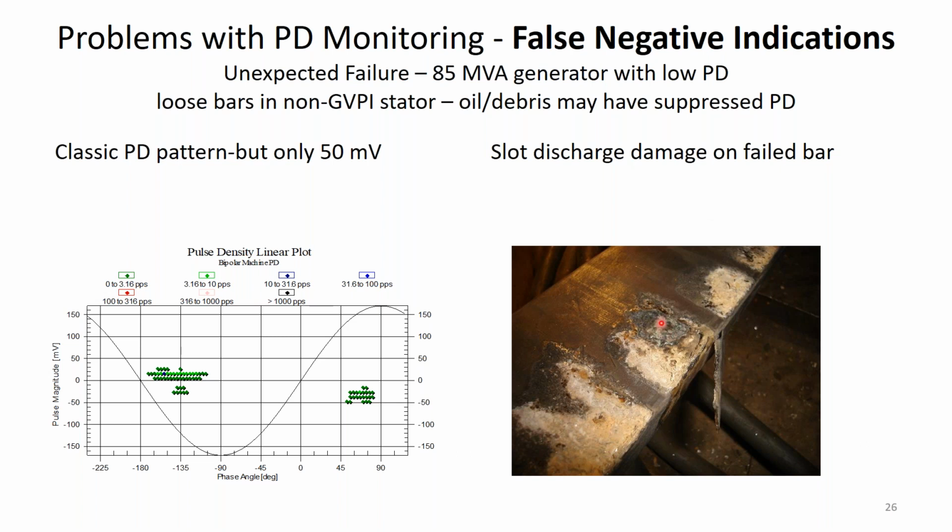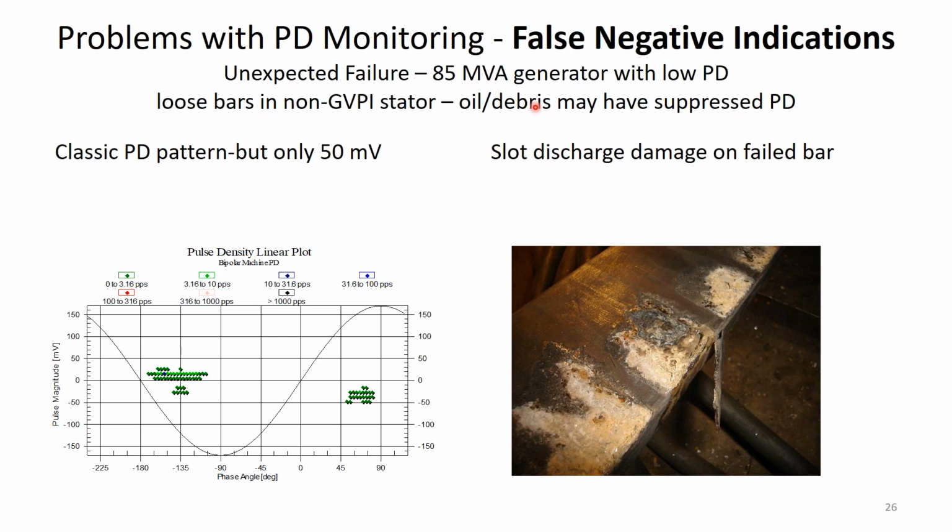What I think happened is there was a lot of oil and debris in the slot, and the oil mixing with the debris made a partly conductive goo that reestablished the semicon, and therefore suppressed the PD, even though the bar vibration driving the failure mechanism was still occurring. That's just a theory.